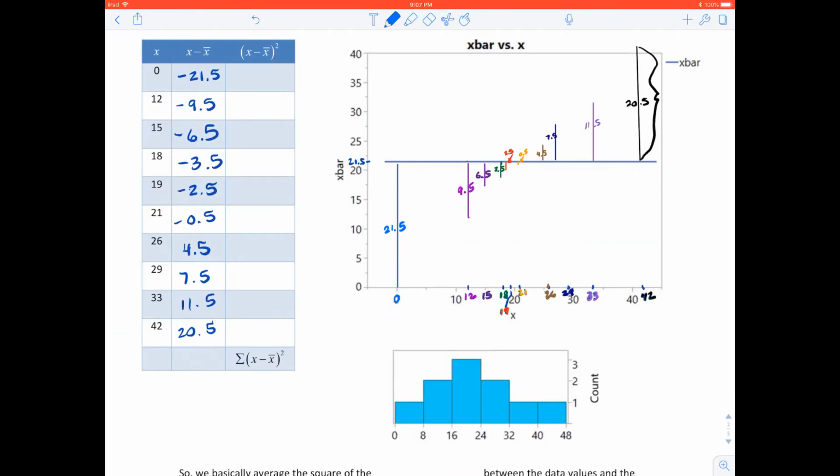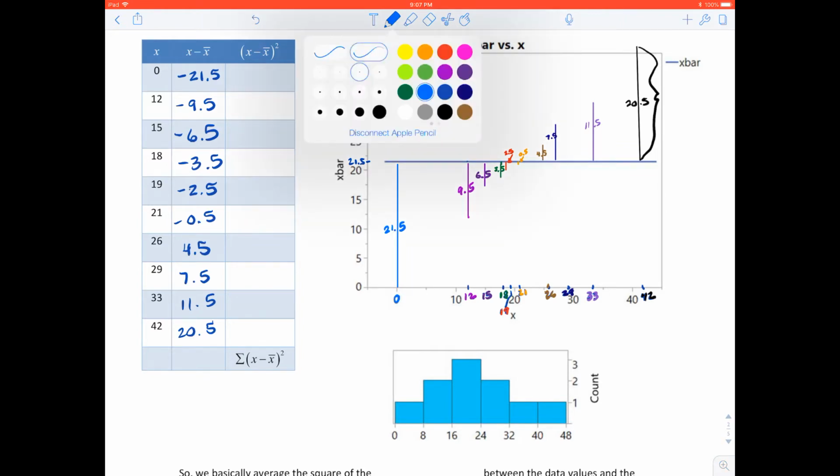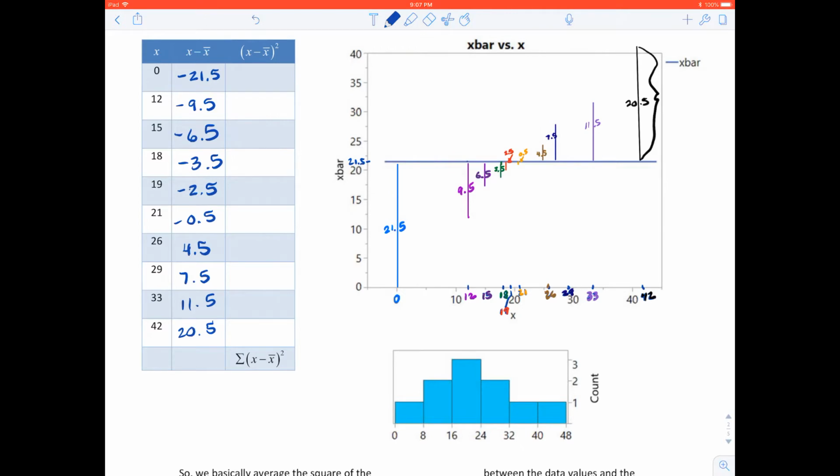So what we do is we square the distances, and then we sum them up, divide by that n minus 1 business, like I was saying, and then we'll have our standard deviation, which will be the measure of spread. So again, real quick, I'll go through and enter these in. You feel free to do so as well along with me.